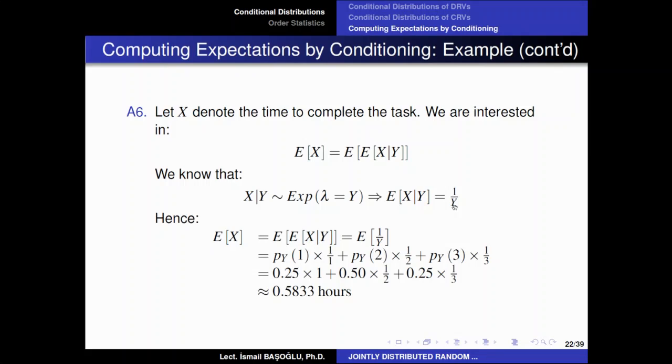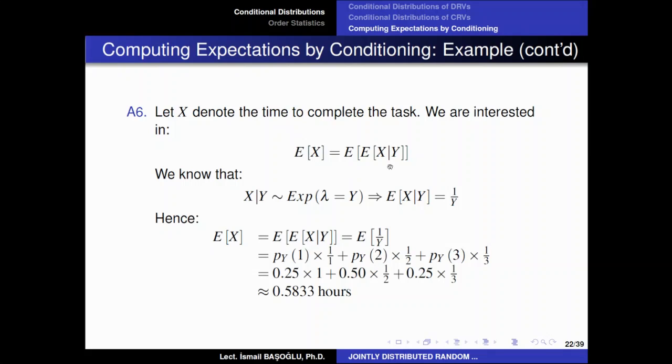But if y is equal to 2, then it is going to be 1 over 2, which means half an hour. If there are 3 people there, y is going to be 3, and the average time to perform this task is going to be 20 minutes. So the expected value of x given y is 1 over y, as you can see.